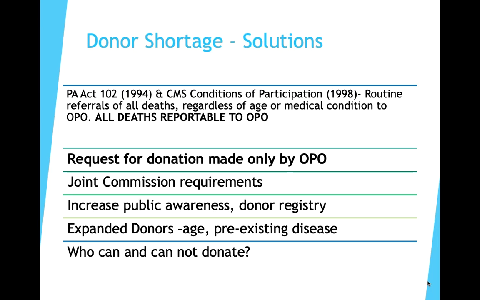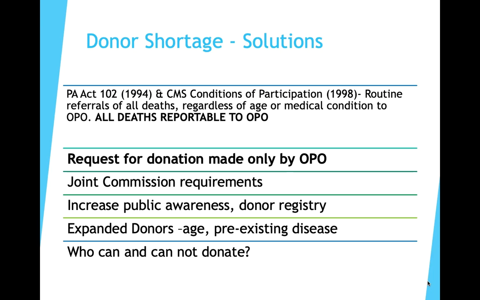So that has helped to increase some of the donations as well. There are a lot of studies about that, and I'm sure our agency rep will talk to you about that in class. There are Joint Commission requirements, again, that every death has to be reported to the Organ Procurement Agency. There's increased public awareness.